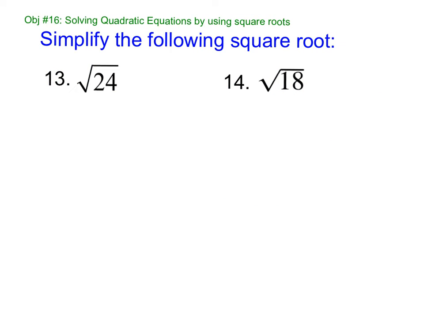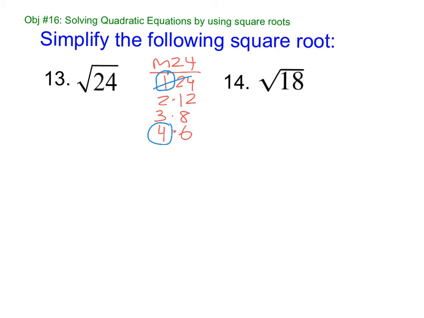Okay, so kind of like we did the multiply combine chart, we're just going to do the multiply chart. So what multiplies to 24? 1 times 24, 2 times 12, 3 times 8, and 4 times 6. Now, which of those numbers are perfect squares? Well, 1 is a perfect square, and 4.